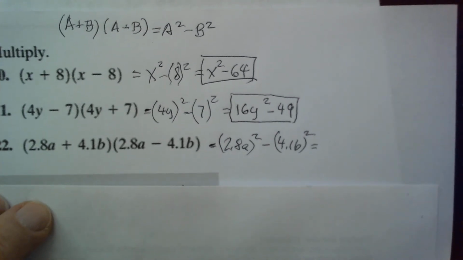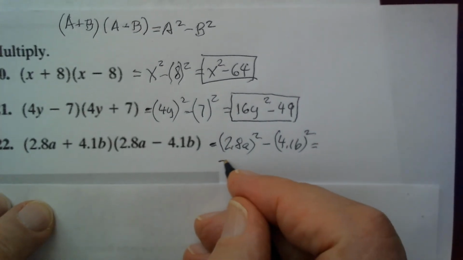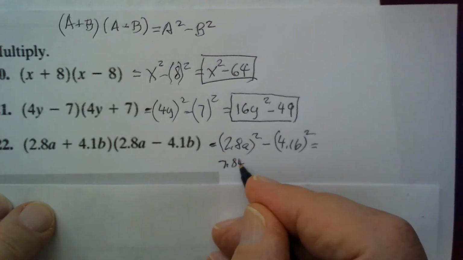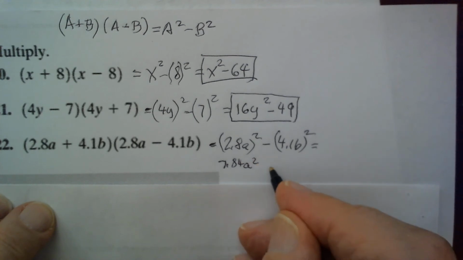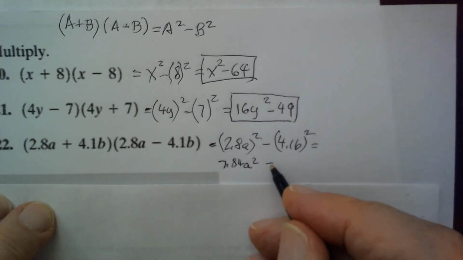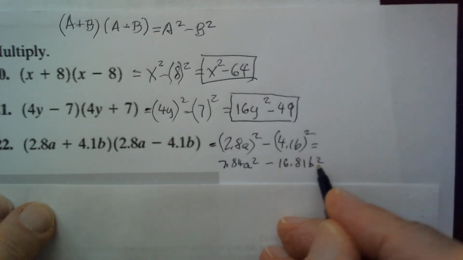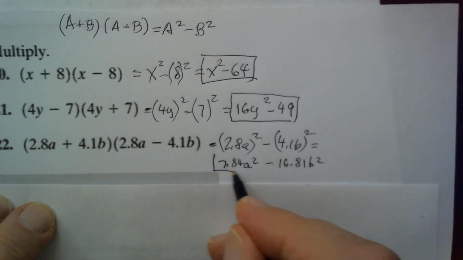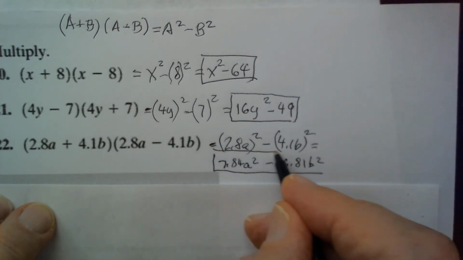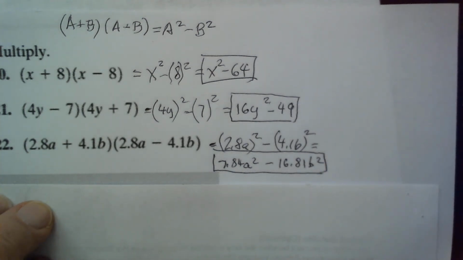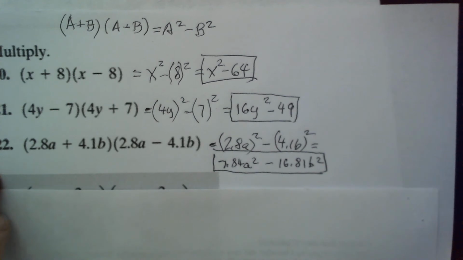So then the final answer would be 7.84a squared minus 16.81b squared. So this formula for the sum and difference of two terms comes in really handy in many ways. And also we'll be using that a lot when we talk about the opposite of what we're doing here, when we talk about factoring, but that's for another topic.